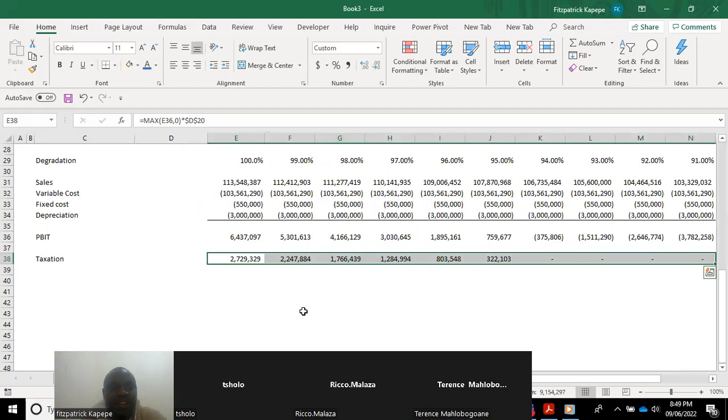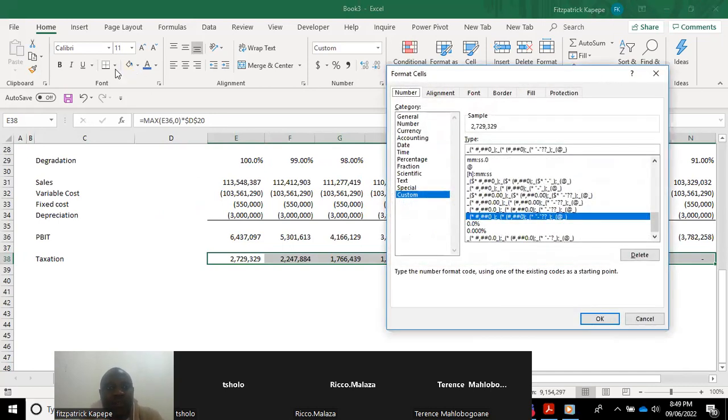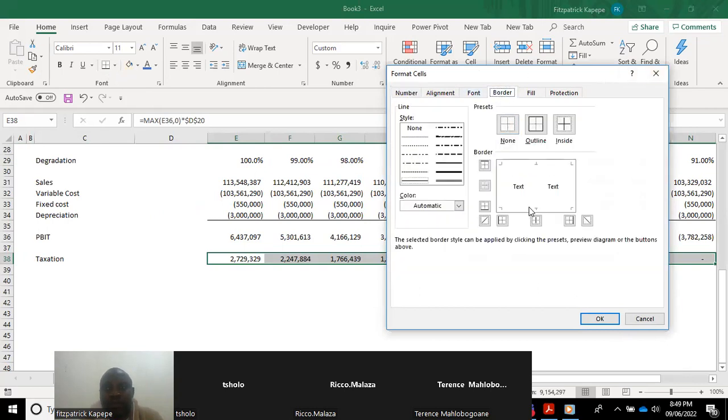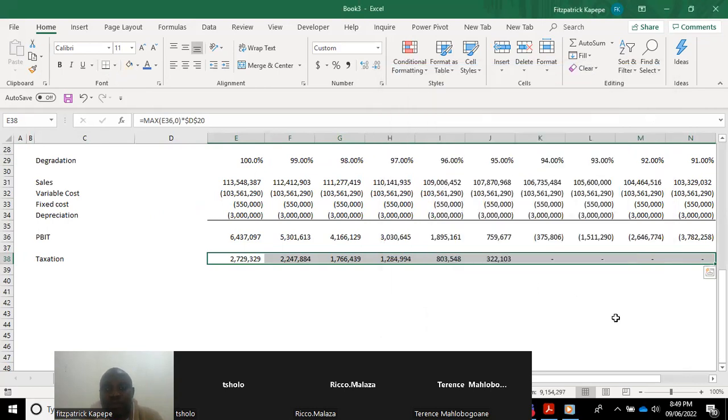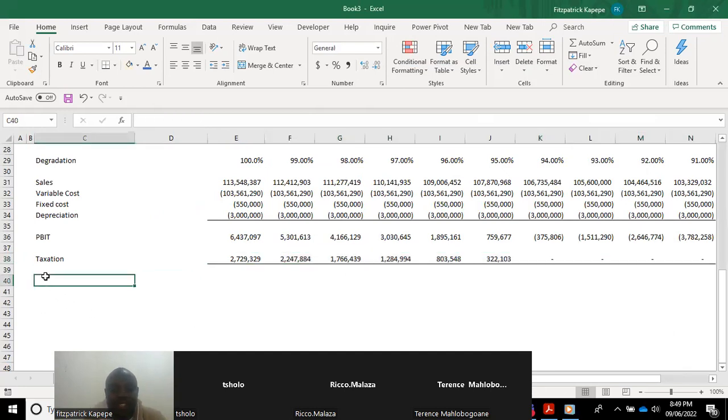So now that we have the tax part, we can now find profit after tax, which I'm going to call net profit if I wanted.